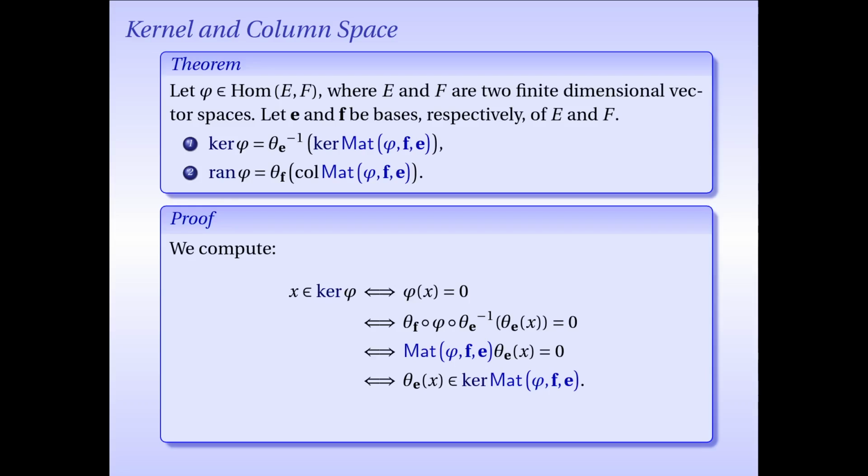Our proof is just a simple succession of equivalences. Thus, X is in the kernel of phi if and only if phi at X is 0, which is to say, after a simple computation, that the matrix of phi in the ordered basis bold F and bold E applied at theta sub bold E at X is indeed 0.